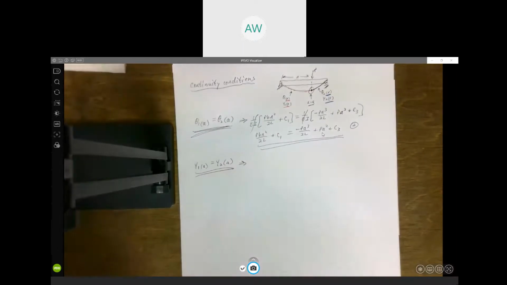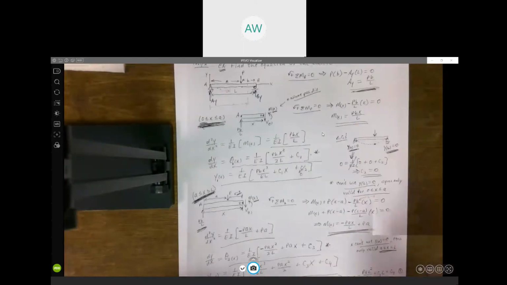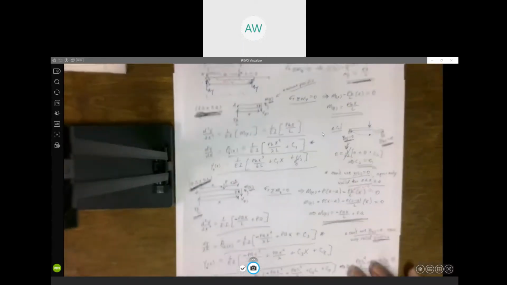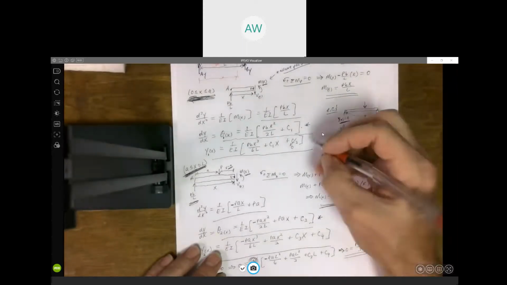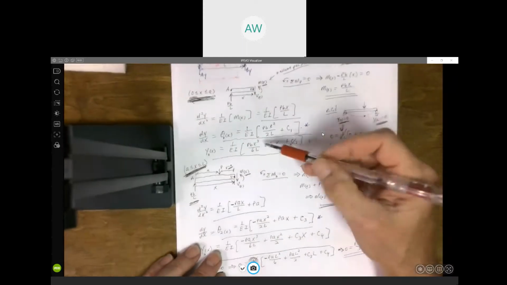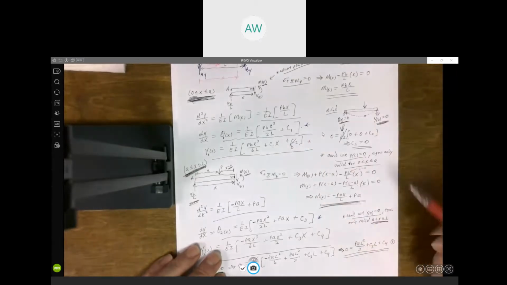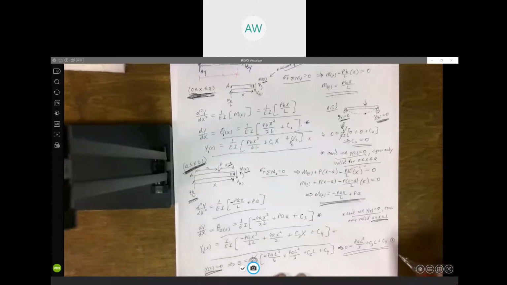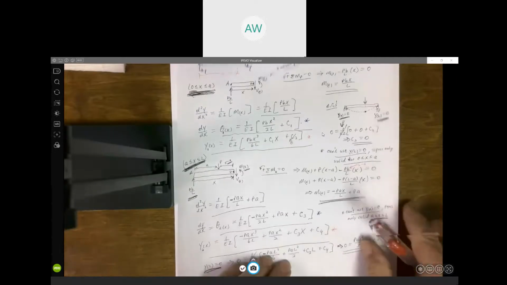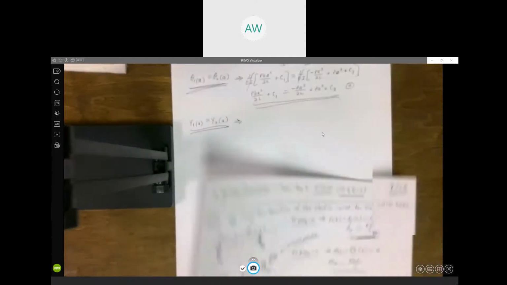Again, if we look at this previous sheet, we're taking this equation here, y1, and plugging x equals a into that equation, and setting it equal to this equation, plugging a in here for x. Because those two displacements have got to be equal to each other when x equals a.